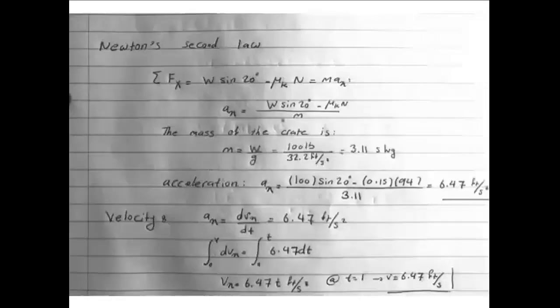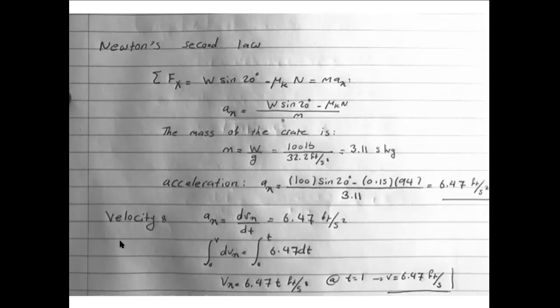Now we can use Newton's second law to determine the crate acceleration. The magnitude of the friction force on the slipping crate is μk n. From this equation, we can find the acceleration.